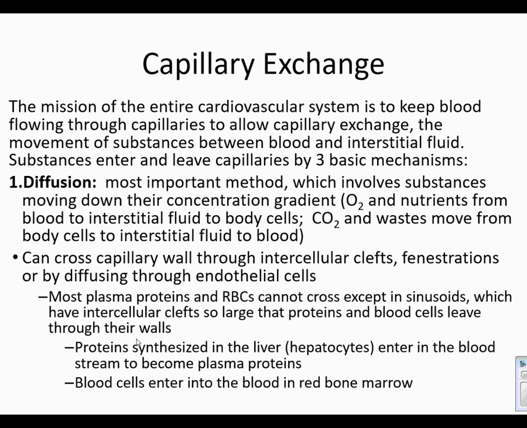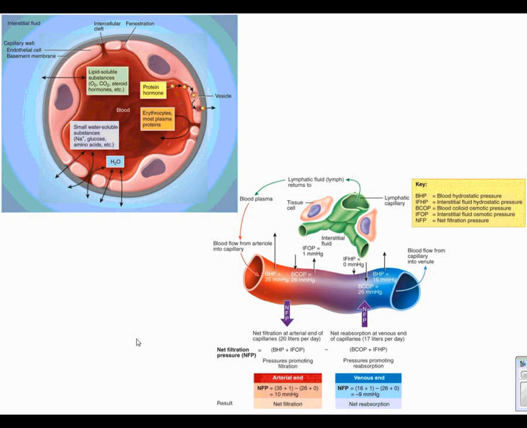Diffusion involves the crossing of a capillary wall either through intercellular clefts, which are very, very tiny gaps between the cells that form the capillary. They can also go through fenestrations, which are little holes that are found in capillaries, or they can just directly diffuse through the endothelial cells.